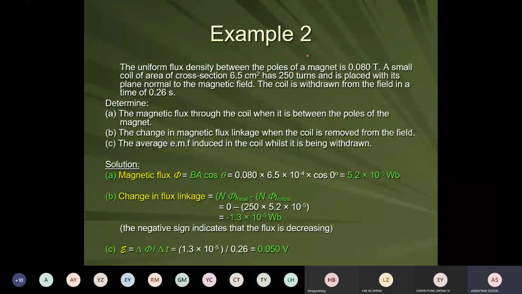Okay, class. Just another 2 or 3 minutes, then we stop. But try to understand what you learned today. This one question. Look at this question. Try to look at the solution.